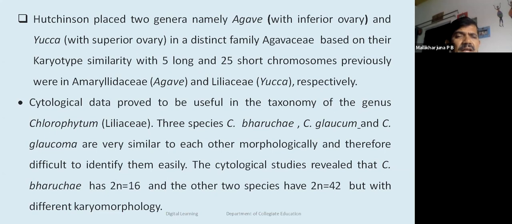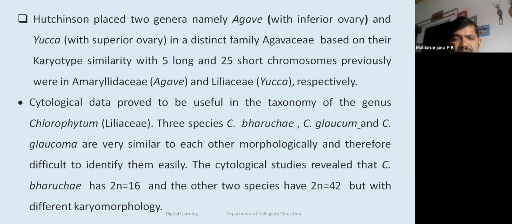Even cytological data proved useful in the taxonomy of the genus Chlorophytum, an ornamental plant belonging to Liliaceae. Three species look alike, namely Chlorophytum bahuruche, Chlorophytum glaucum, and Chlorophytum glaucoma. They were very similar morphologically, and it is very difficult to identify them easily.